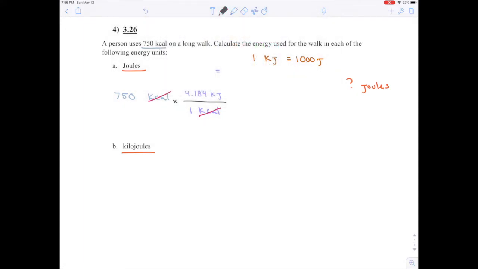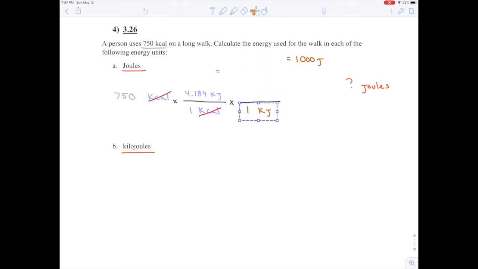But we want regular joules, so we get to do another conversion. Every time you do a conversion, write a multiplication sign, fraction bar, and the units that you start with on top will go on the bottom of this new fraction so that it cancels out. Now we have kilojoules here on top, so that's the unit that we want to go on the bottom, and we'll use our next conversion factor to do that.